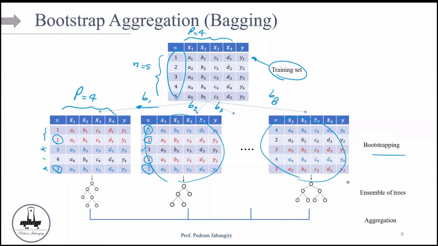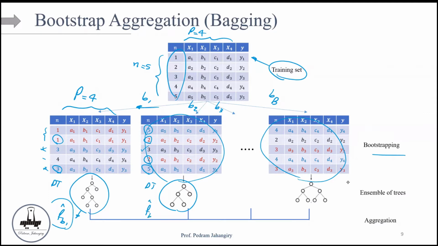Now, we look at each bootstrap data, and then we build the weak learner on that, right? For example, we're going to use a decision tree and apply it to the bootstrap number 1 data, and then come up with a prediction, right? So this is the prediction, let's call it f hat of bootstrap number 1. We use the weak learners, and we do the same for all the bootstraps.